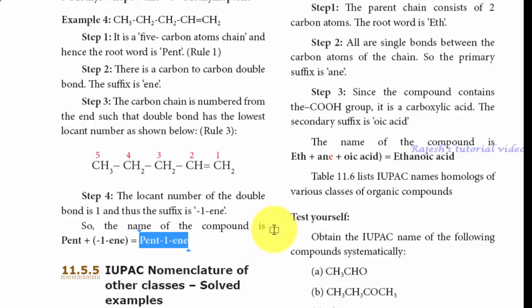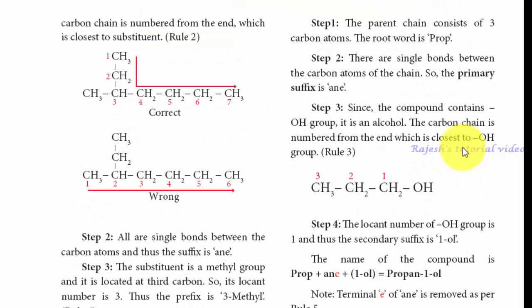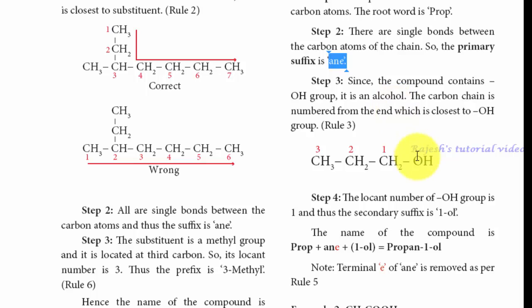We saw naming alkane and alkene. Now the next example is an alcohol. Here in example 1, the parent chain contains 3 carbon atoms, so the root word is prop. Only carbon to carbon single bonds are seen, so it is an alkane, so the primary suffix is ane. The functional group here is OH, an alcohol, and since OH should get the lowest locant number, the numbering of the carbon atoms starts from the right.